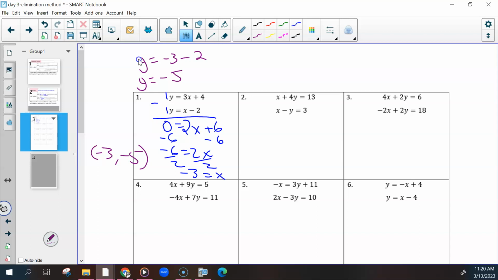Before we move on to another, what questions do we have so far? So let's do number 2. The format is different, but it doesn't matter as long as everything still lines up.